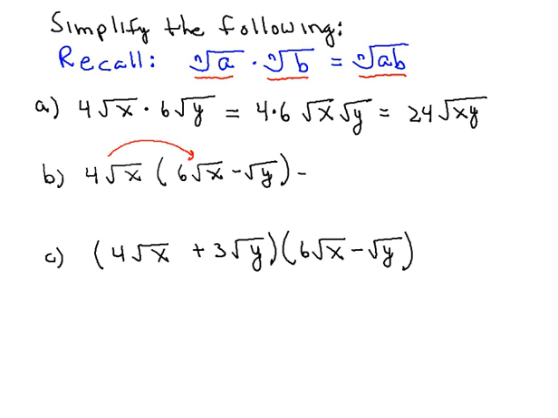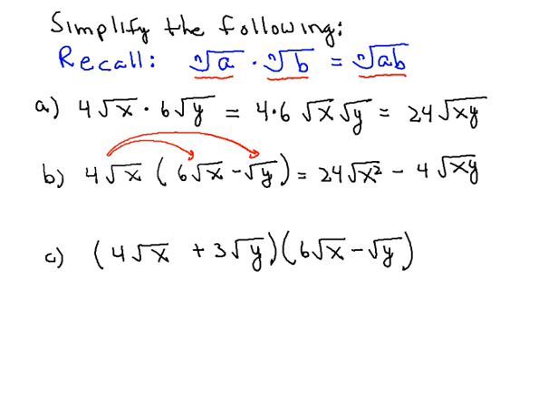That will produce, I think you'll agree, 24 times the square root of x squared. Then we're going to multiply that term on the outside by the second term inside. And that will produce minus 4 times the square root of xy.